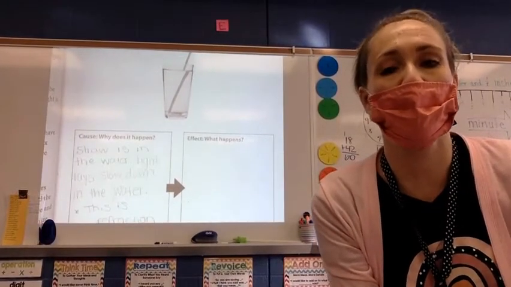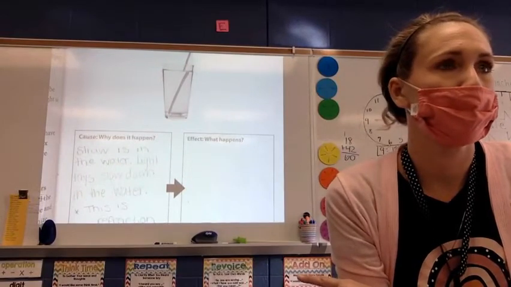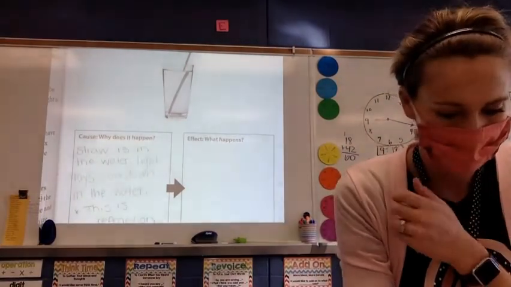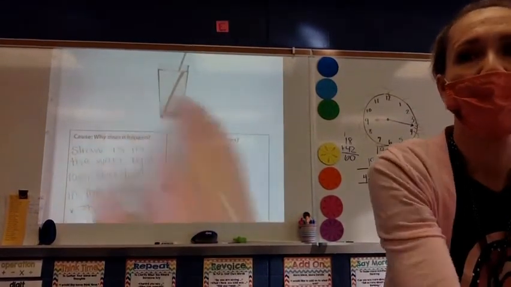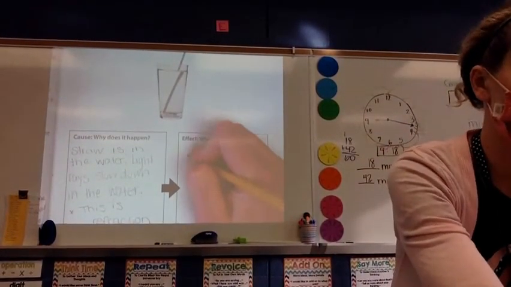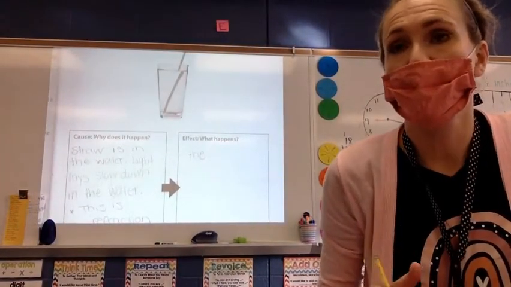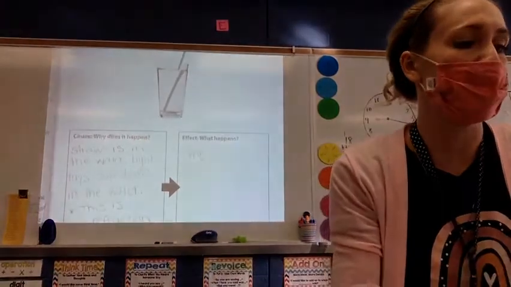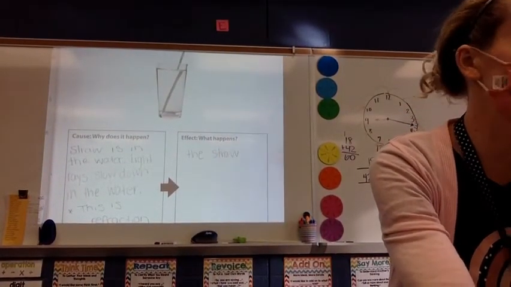Because the light rays hit the water and slow down, what happens because of it? Apollo? In the straw case, it looks like it's split. Exactly. So in this case, the straw looks split. And we know that when we're looking at fish in the water, they look like they're closer, right? They look closer because they're magnified.